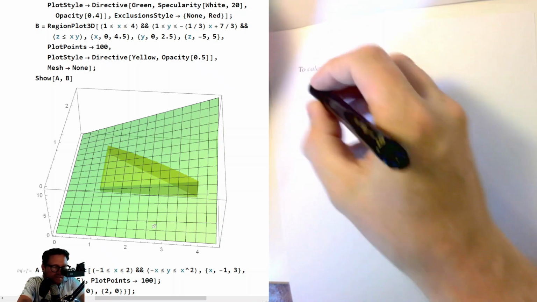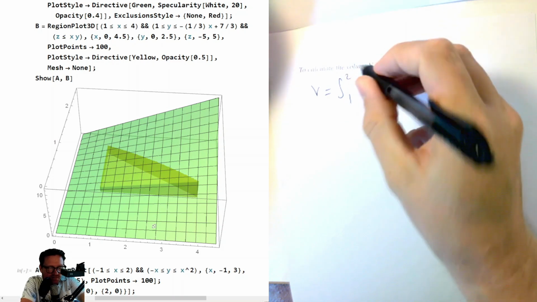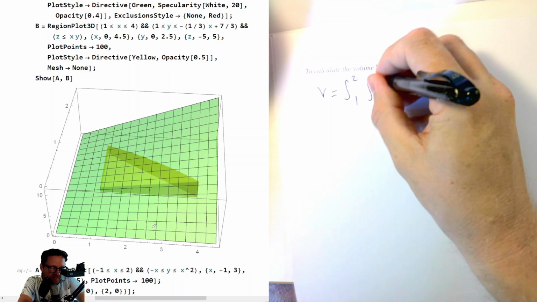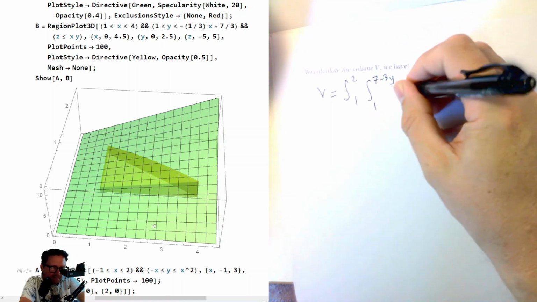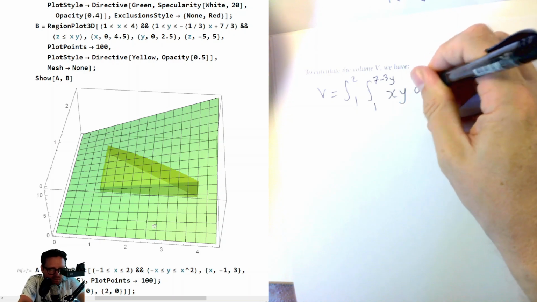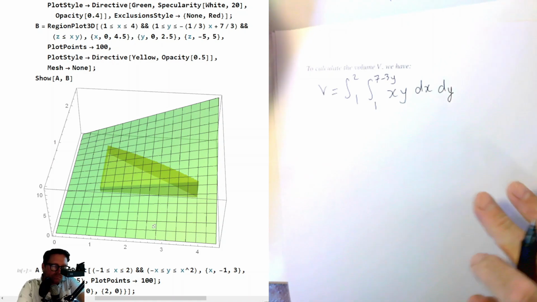Okay, so we have V equals integral from 1 to 2, integral from 1 to 7 minus 3y. We're integrating x times y with respect to x first, and then with respect to y.